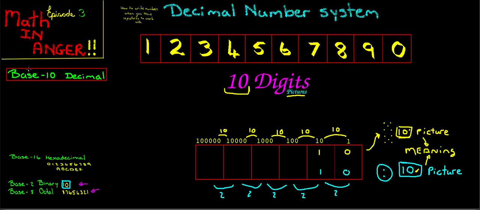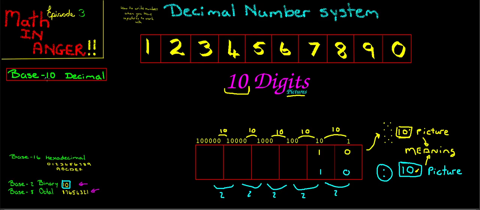And now that I've explained that, you guys have seen that next to decimal I have written base 10, because that's another way in which we say how many pictures we are using in a number system.